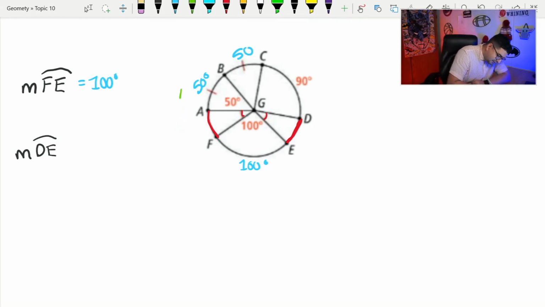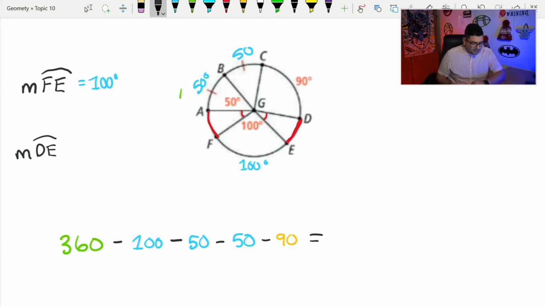Let's do 360, and we're going to subtract all these angles. Minus 100 from FE. Minus the 50 from AB. Minus the 50 from BC. And minus that 90 that they gave us from CD. If I do this correctly, you should get 70 degrees.